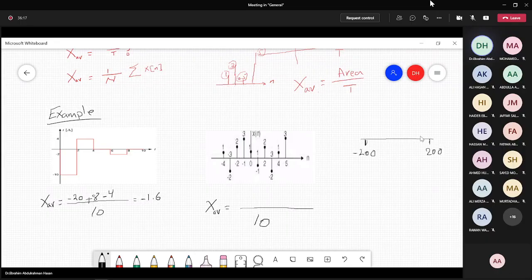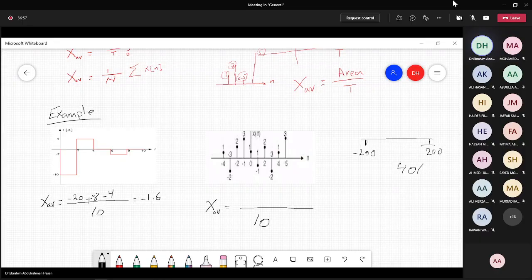What to put here? 201. Yes. 201. No, not 200. From -200 to 200, how many? 400. That means if this is 400, this must be 9 and not 10. 401, Doctor. Yes, 401. Okay, how to find it?